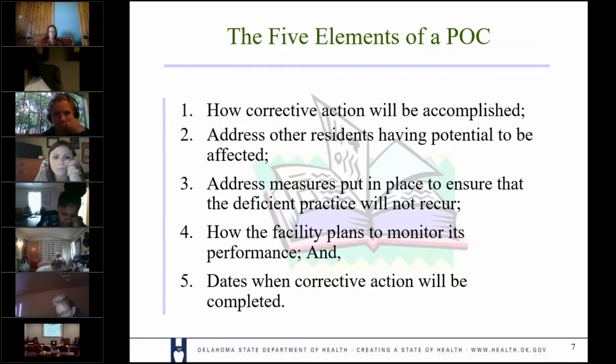And do it weekly from then on until determined otherwise, whatever works for your facility. But you're going to come up with a date that is going to be your plan of correction date, your alleged correction date, that you're going to put in that right-hand column when you do your plan of correction.